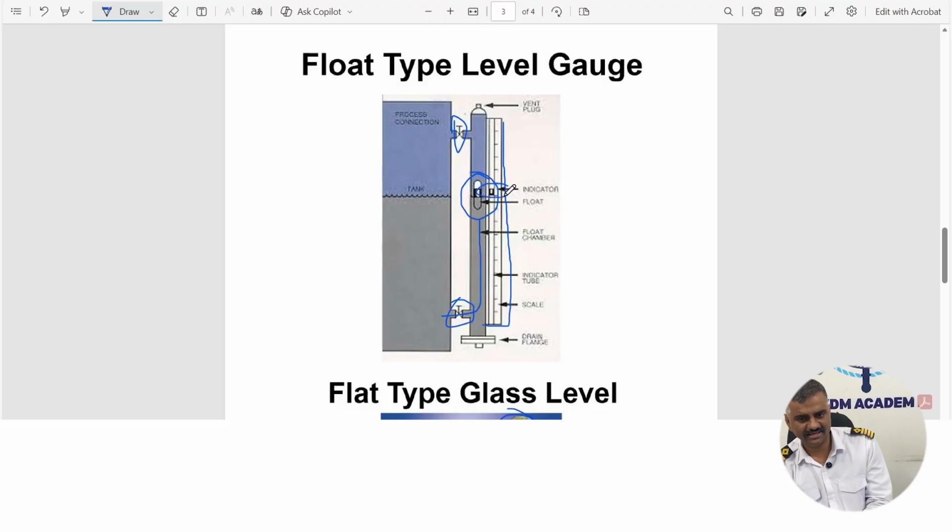You can see there is an indicator here. This indicator will change its position as per the position of the float.